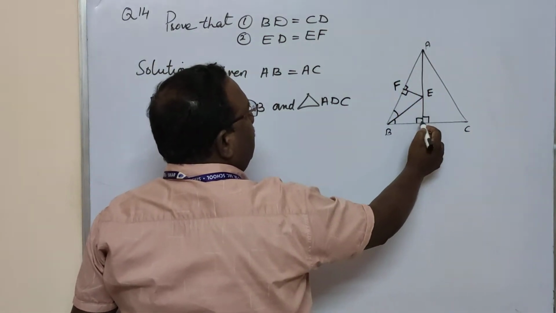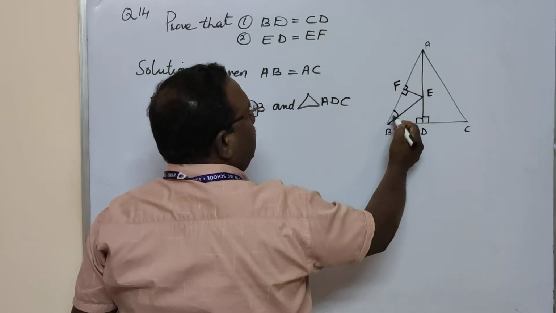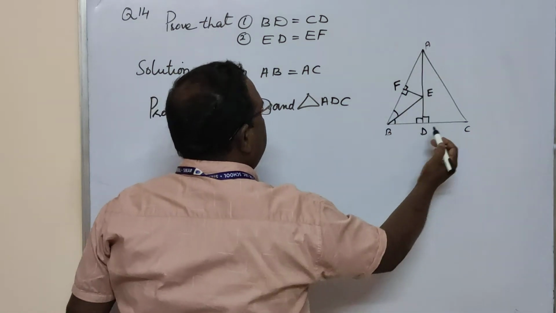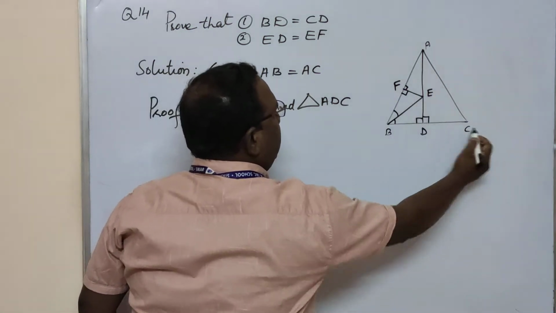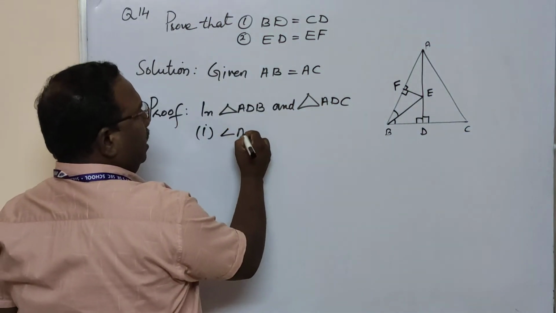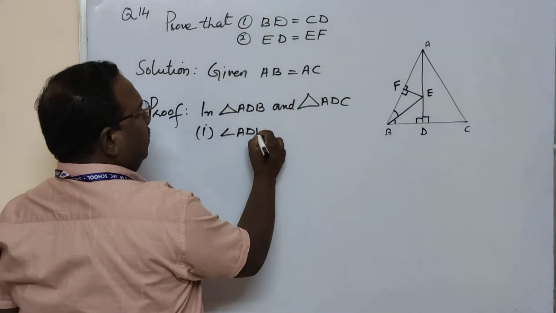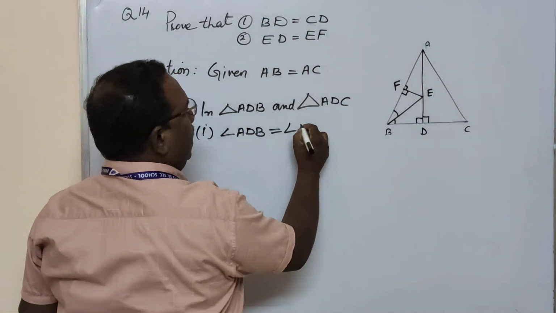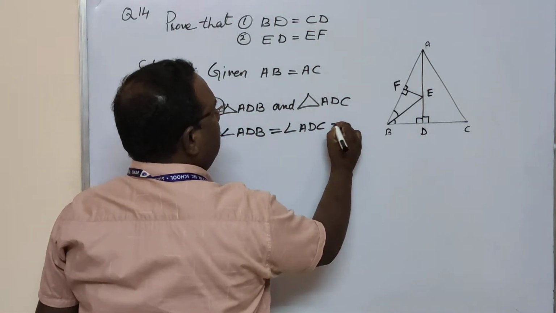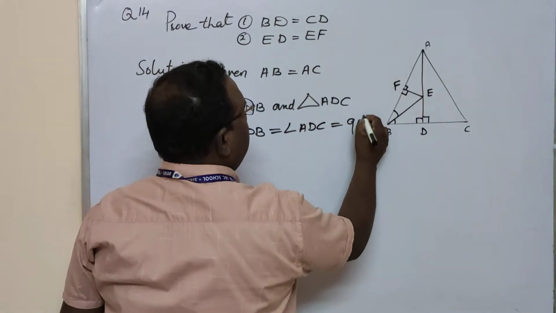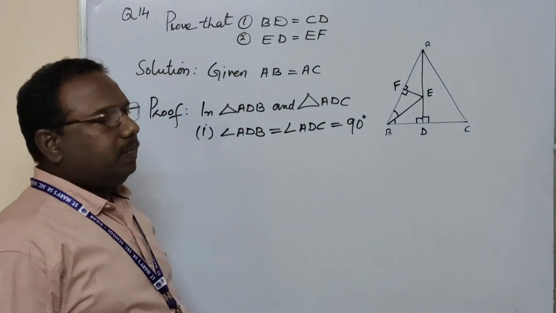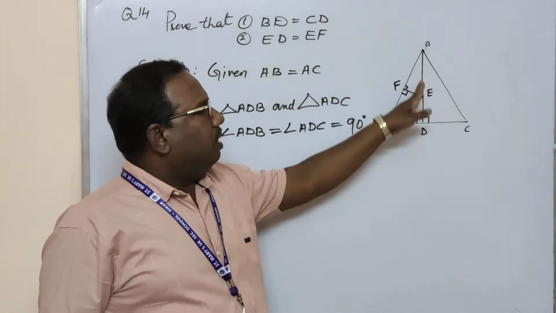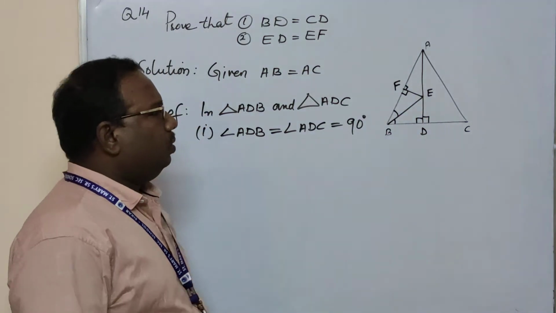Angle ADB is equal to angle ADC equal to 90 degree. It is given because AD is perpendicular to BC.